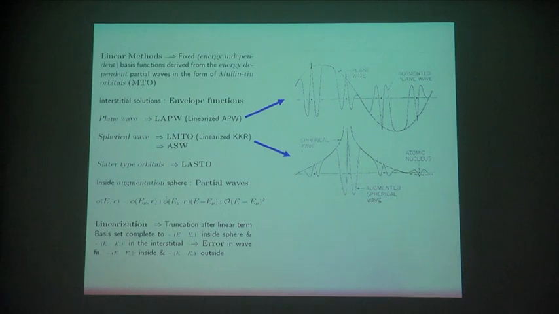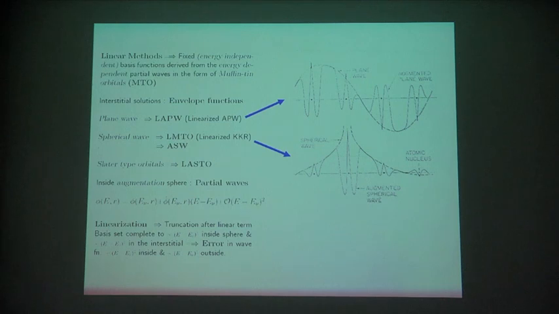So here, he has used a smooth plane wave as an envelope within which the solutions of the radial Schrodinger equation are put inside. And if the envelope function is a plane wave, I call it LAPW. And if the envelope function is a spherical wave or a Hankel function, I call it LMTO.